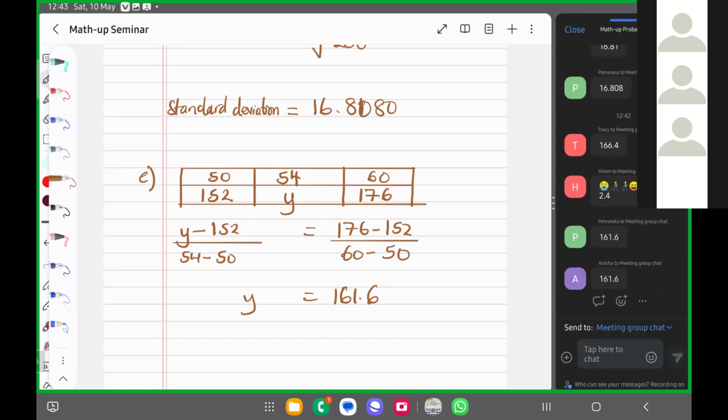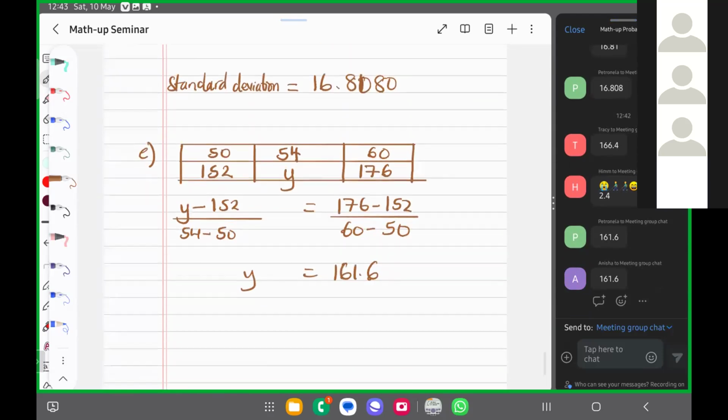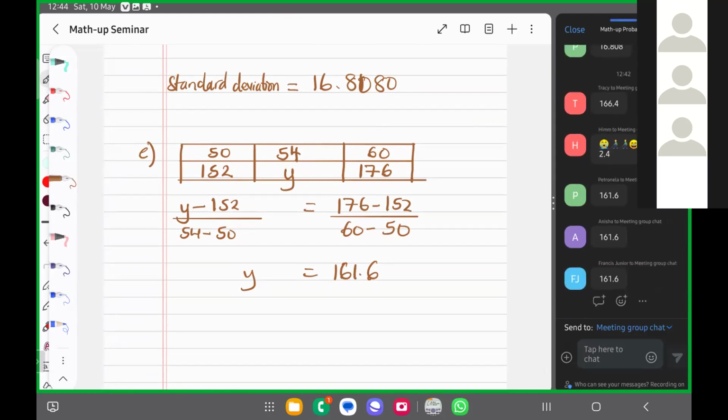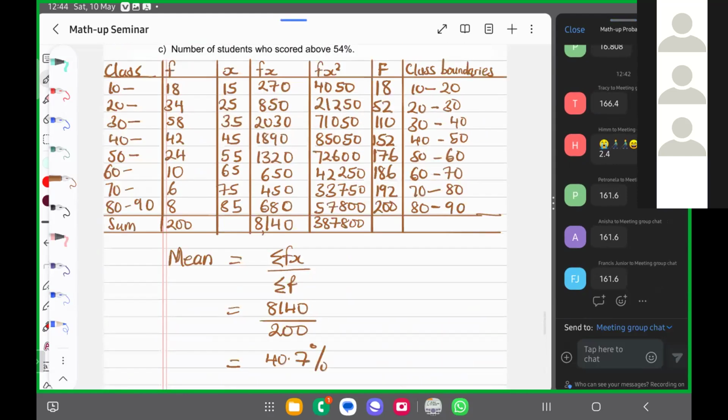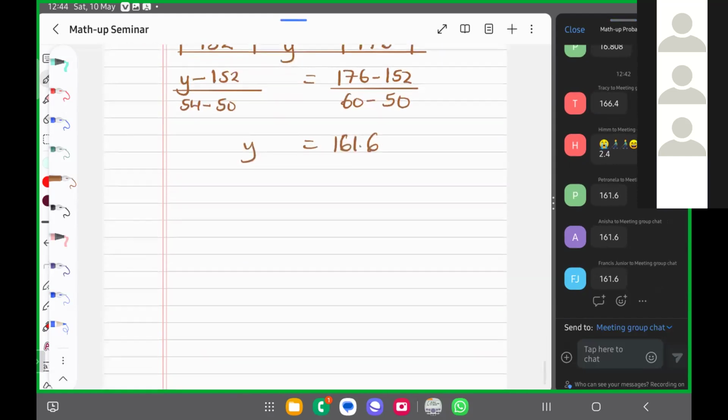Thank you. So that 161.6 is the cumulative frequency corresponding to 54. So it means that 161.6 students scored 54% and below. But we're interested in the number of students that scored above 54%.